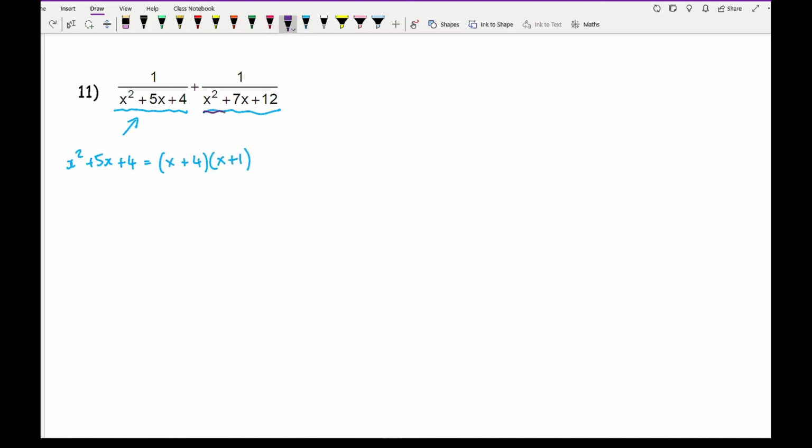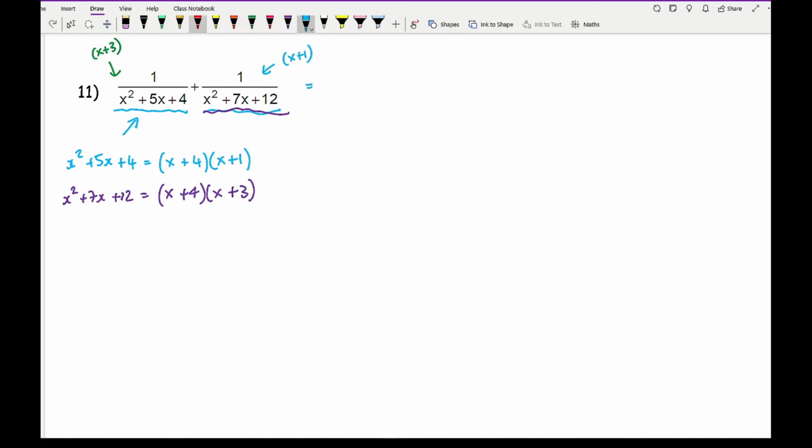And looking at this denominator here, x squared plus 7x plus 12 can be written as x plus 4, x plus 3. So all I need to do is multiply this first fraction by the one that's different, which is x plus 3, and multiply this second fraction by x plus 1.